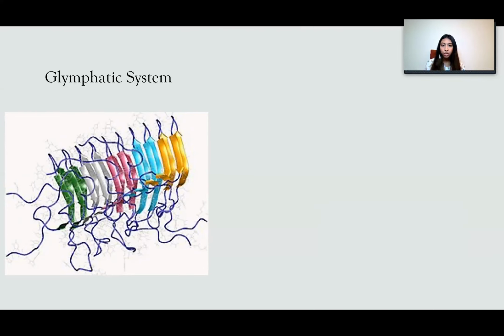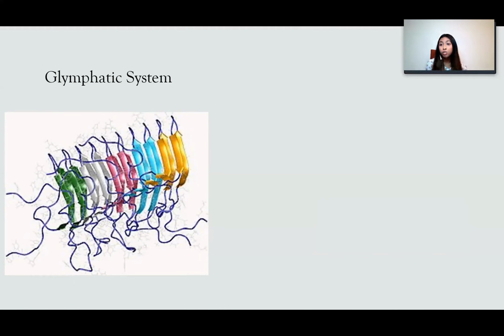So now going back to these amyloids, they accumulate during the day and are disposed of at night. So what happens if there's sleep deprivation? What happens if someone is constantly experiencing no sleep? Well, then these amyloids are just going to keep accumulating in our brain, right?